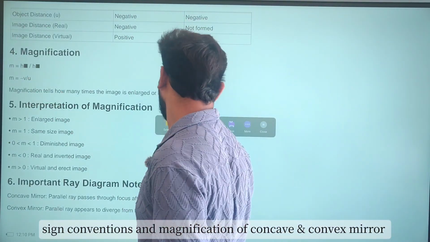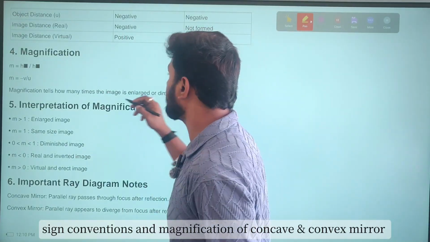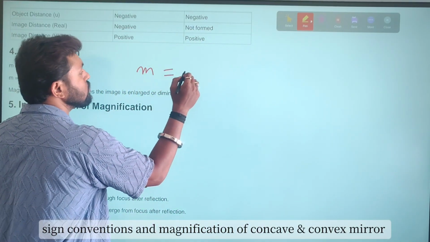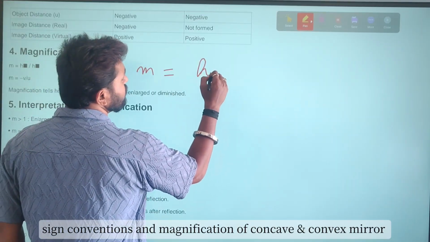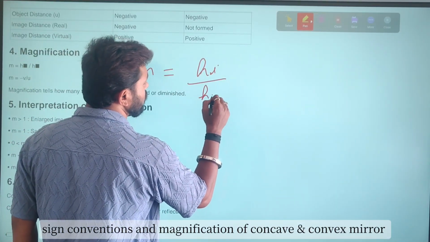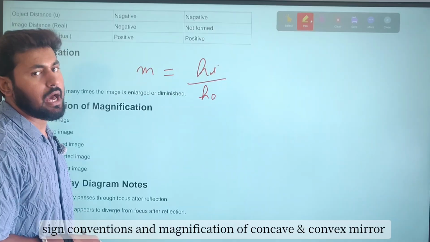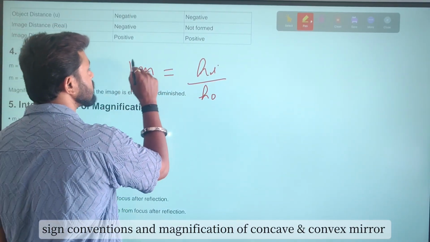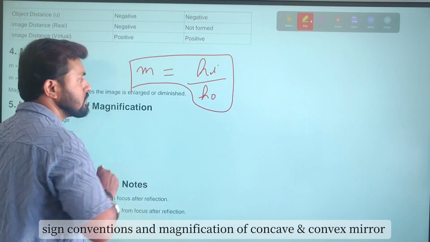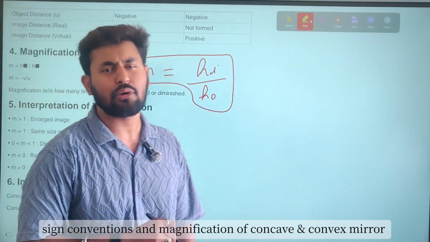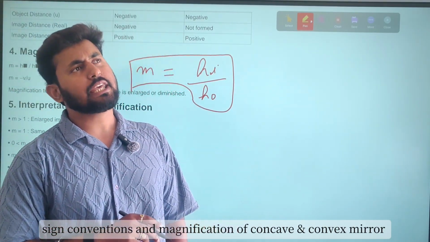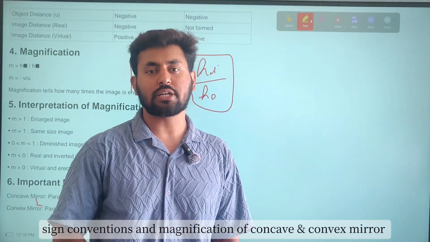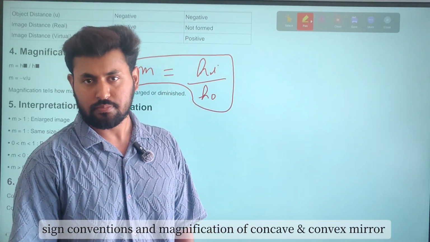The formula that we have over here is m equals height of the image by height of the object. Please make sure that this is a ratio. Now, can anyone tell me, if you are taking the ratio of two same quantities, will it have any unit or not?